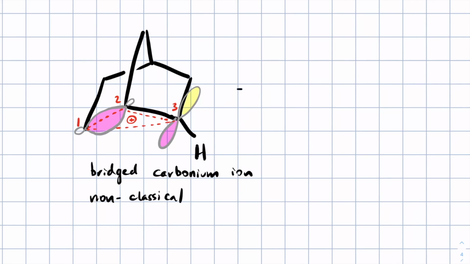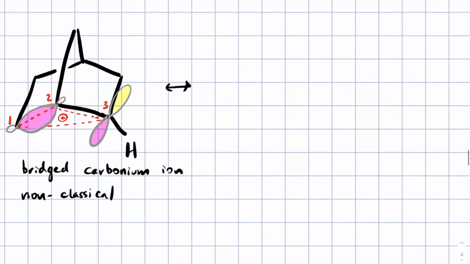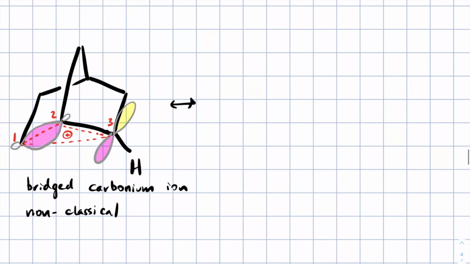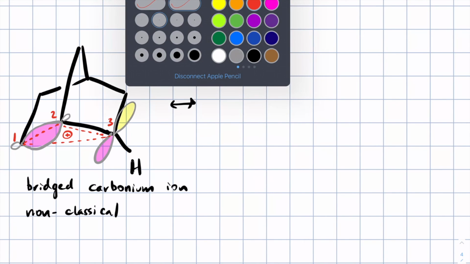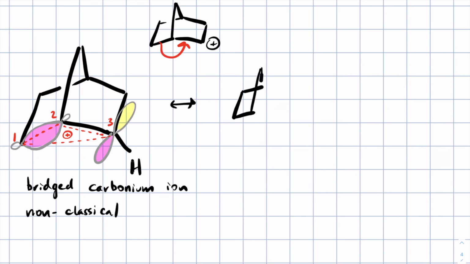well, let's look at the resonance structures. So if I take the starting structure for norbornene, and I move these electrons over, I would get the following resonance structure, with my positive charge here.